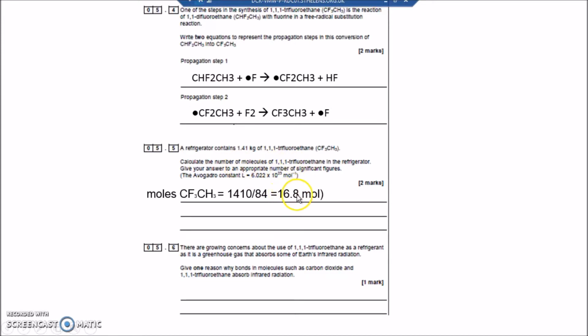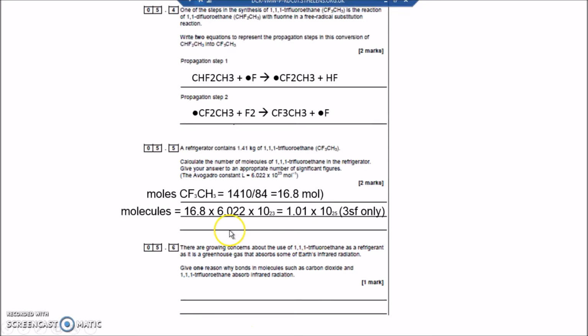Now, the number of moles multiplied by Avogadro's number gives you the number of particles. So 16.8 multiplied by 6.022 times 10 to the power of 23 will tell you the number of molecules in that sample, to three significant figures. Why three significant figures? Because some of the other values, like 1.41 kilograms, are to three significant figures.